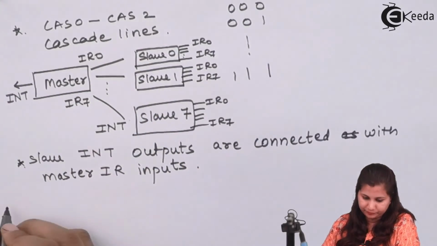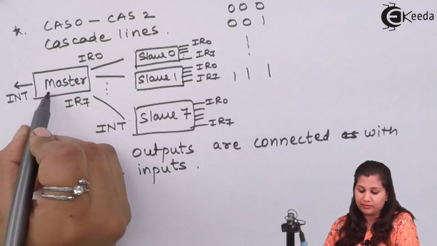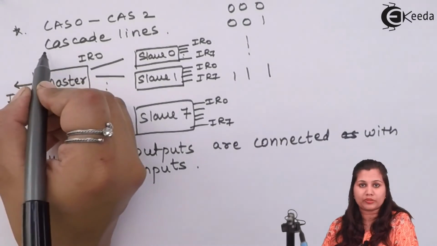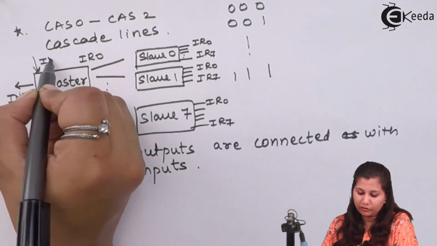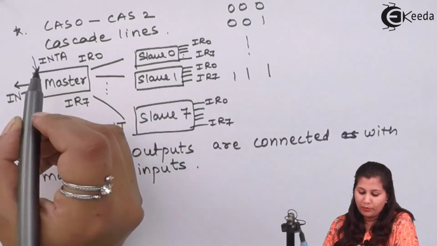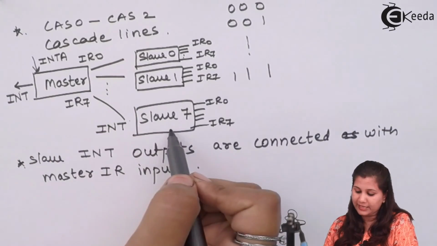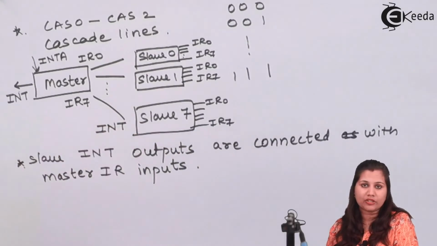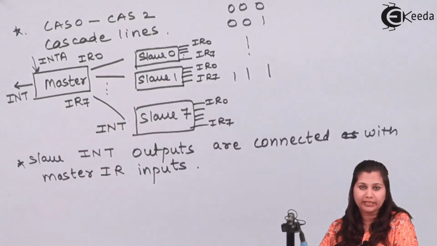Now this master IC has given the interrupt signal to the microprocessor. So the microprocessor is going to generate the interrupt acknowledge signal. When this interrupt acknowledge signal is received by the master, then the slave is going to send the vector address where the service routine is written, and that vector address will be available on the data bus.